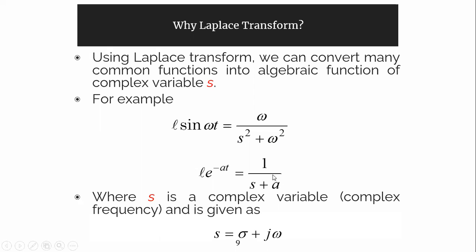This ω will be converted into a after the Laplace transformation from the time domain to the frequency domain. So the Laplace of e raised to the power minus at is equal to 1 by s plus a, where s is nothing but the complex variable in the frequency domain. Okay, so that is possible here.